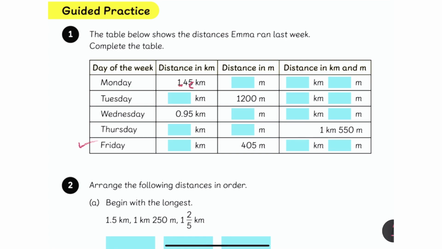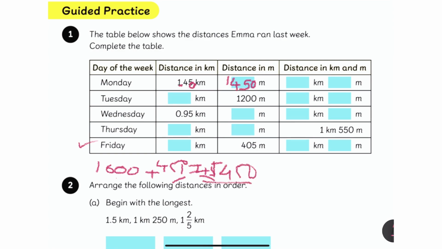So this becomes 1,450. You can actually do the key of 1.45 kilometers, split it. This is 1,000, and then plus this becomes 450. Then 1,000 plus 450 equals 1,450. Any method that is suitable for you, you can use.